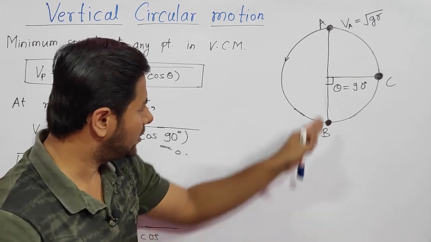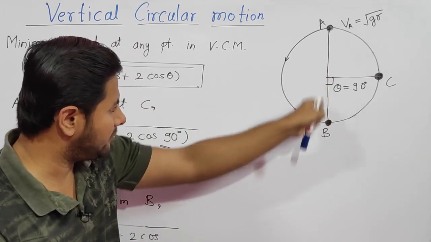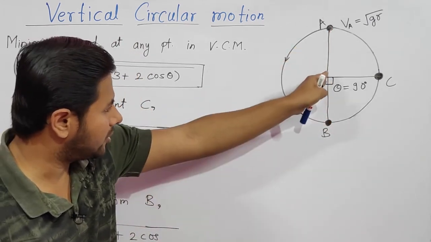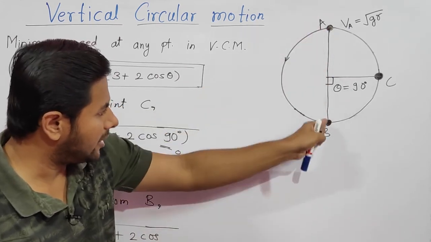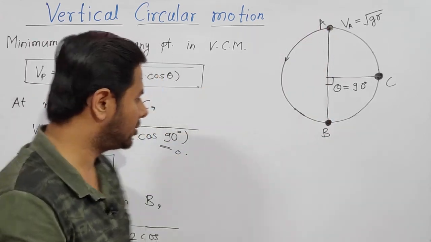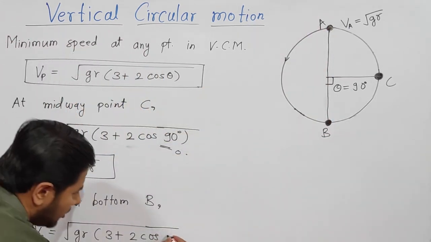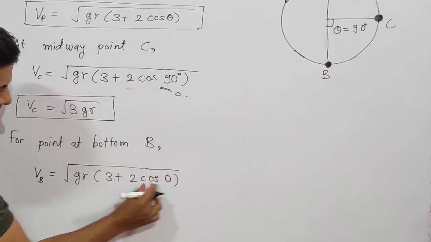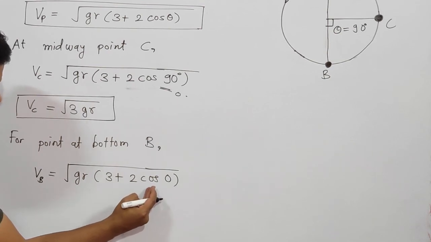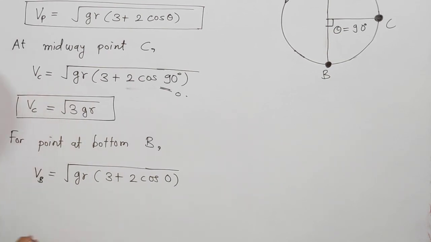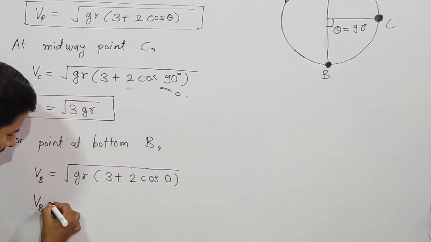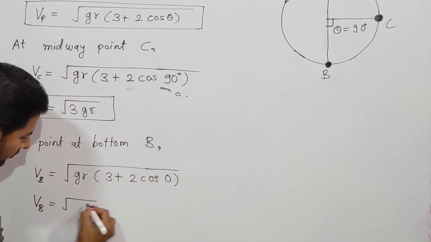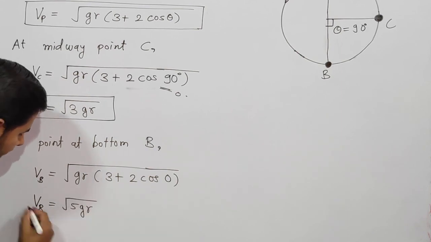We can see that it's the angle between radius vector and vertical. So radius vector and vertical line, they are in line, so angle is 0. So cos of 0, and cos 0 is 1. So 1 multiplied by 2 is 2. So 2 plus 3 is 5. So we have V suffix B equals to square root of 5GR.